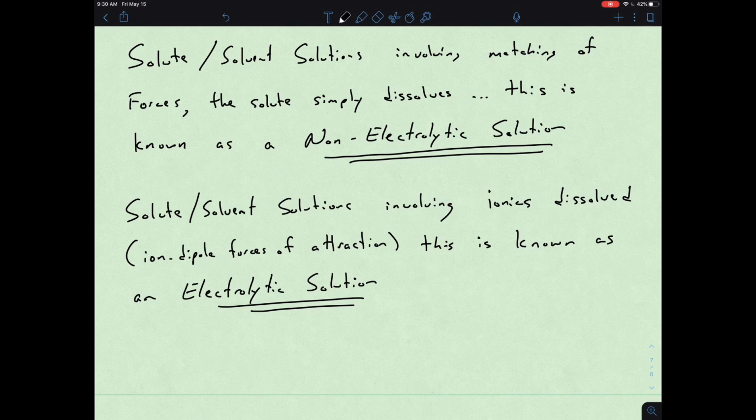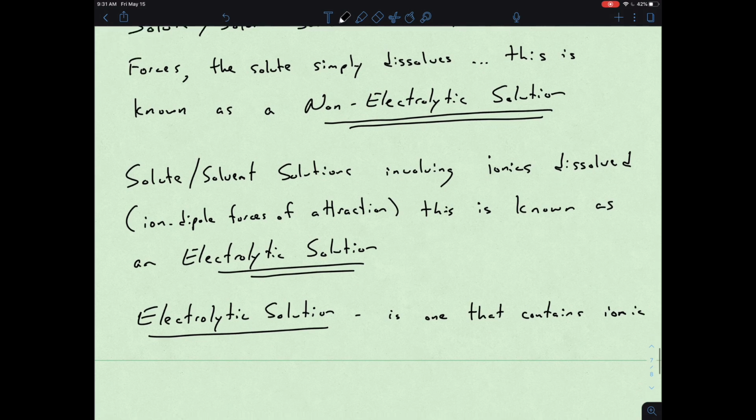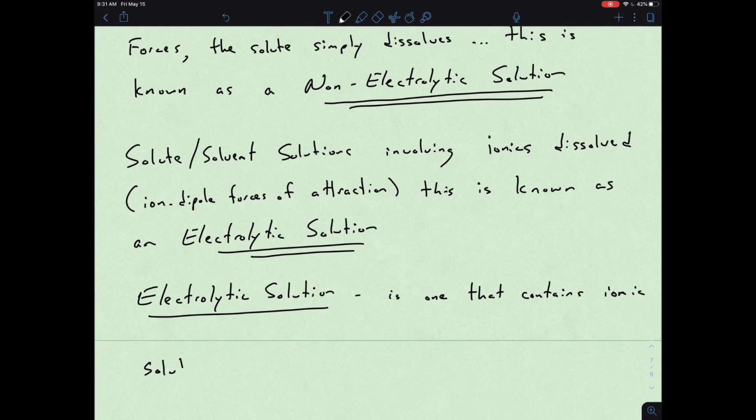So we could really simplify this to say an electrolytic solution is one that contains ionic solute dissolved, and the solution can conduct electricity.